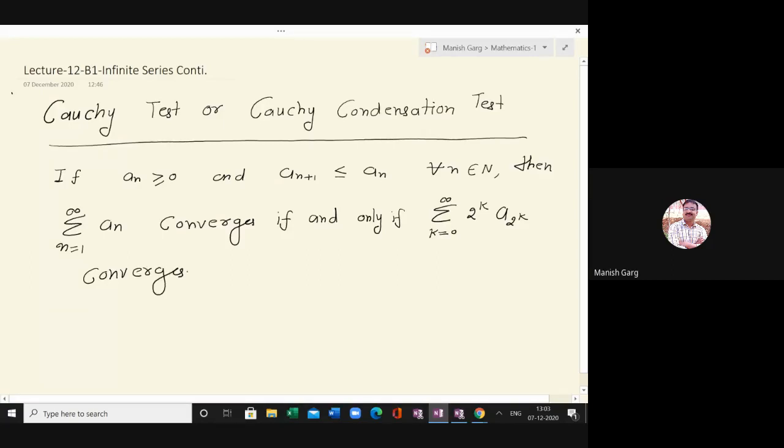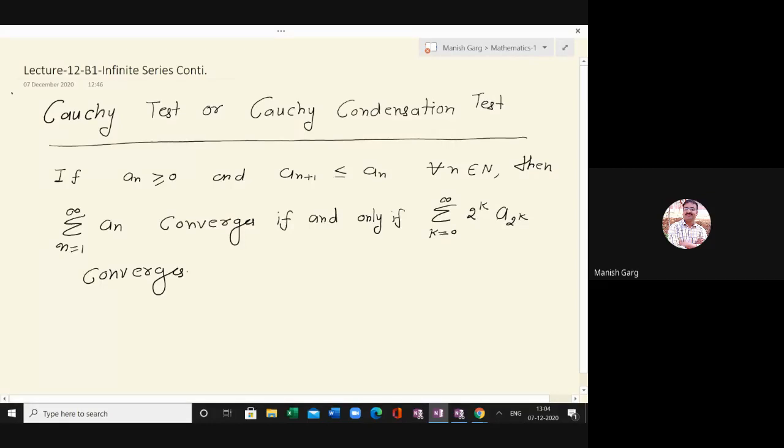This is the test, known as the Cauchy test. It says if all terms are non-negative and decreasing, a_(n+1) less than or equal to a_n, then a_n converges if and only if this converges. It means if 2^k a_(2^k) converges, then a_n converges.